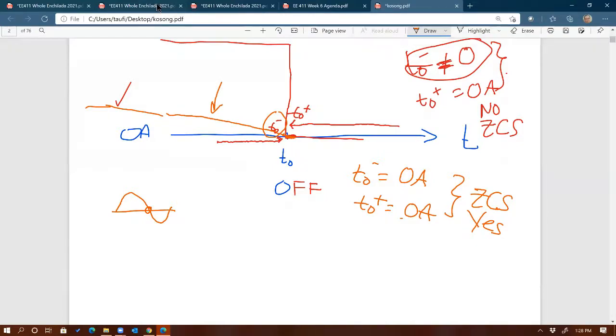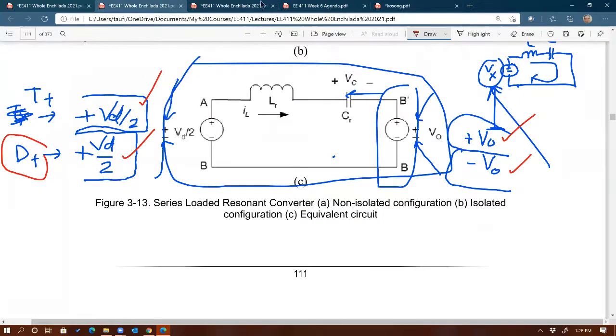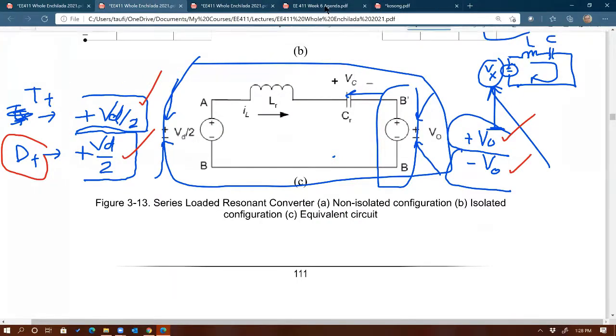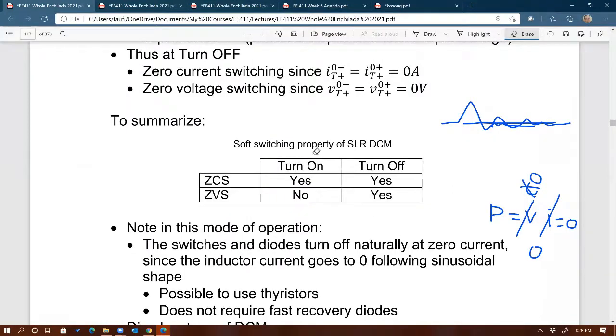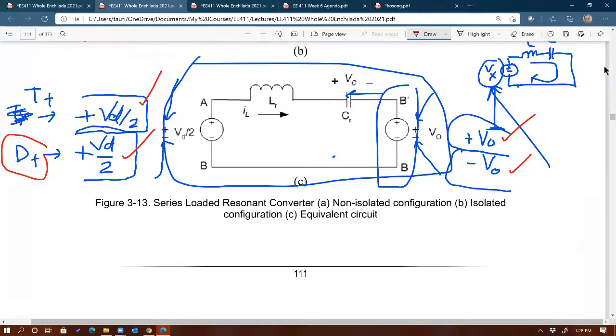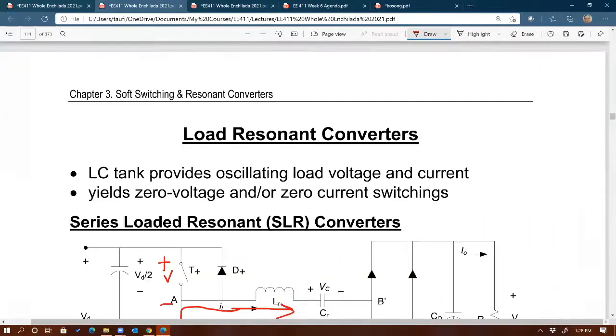Okay, let's try just one and then we can adjourn. We'll go over this on Thursday. Let's do turn on. It says yes there, so let's see if that's true.